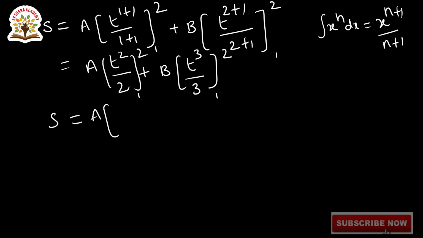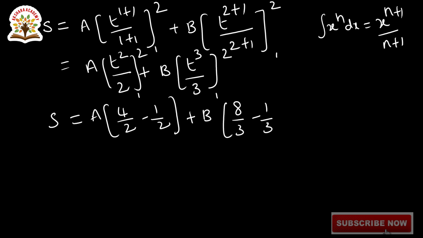After substituting, in the place of t first 2, 2 squared is 4, so 4/2 minus 1/2, plus b times 2 cubed, nothing but 8, 8/3 minus 1/3.